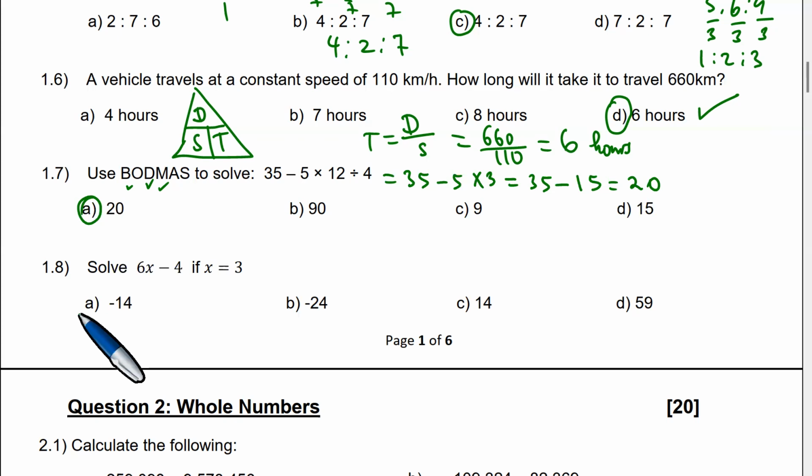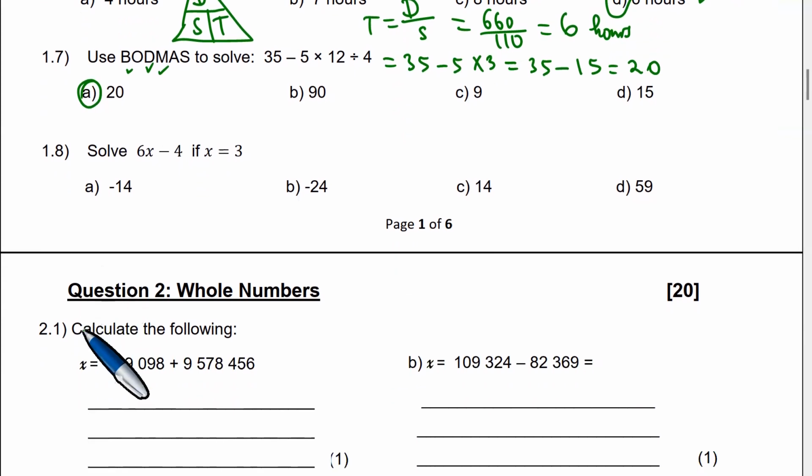Okay, 1.8. Try 1.8 and give the answer, please. So 59. Okay, let's check. How did you get 59, Lindsay? So 6x minus 4. And if x is 3, that means it's 63 minus 4.